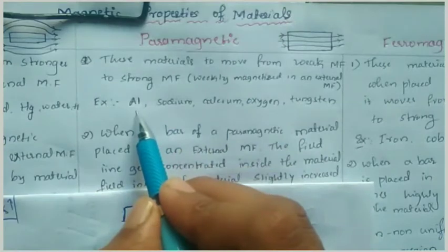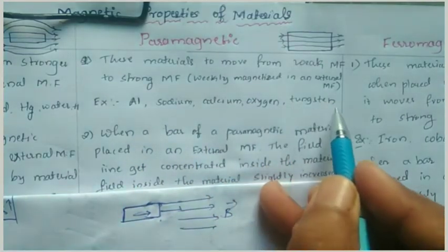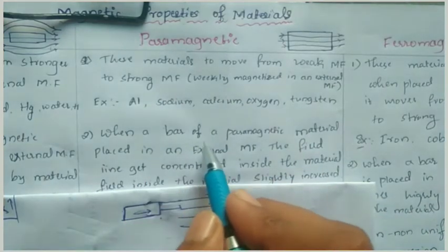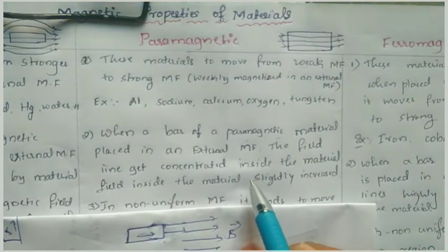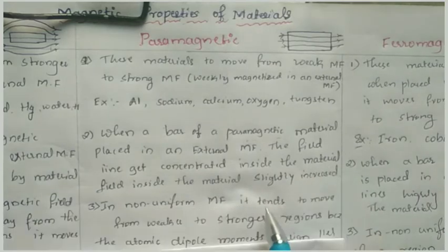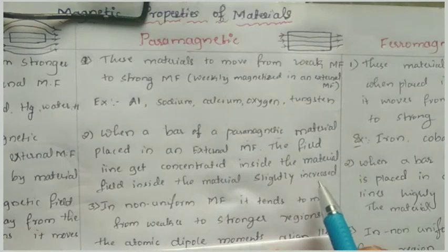So examples of these materials are aluminum, sodium, calcium, oxygen, tungsten. When a bar of a magnetic material is placed in an external magnetic field, the field lines get concentrated inside the material. Inside the material the field lines slightly increase.